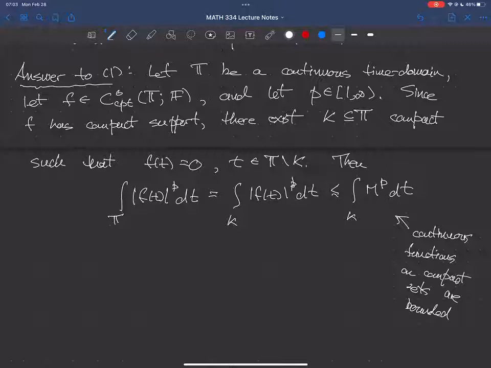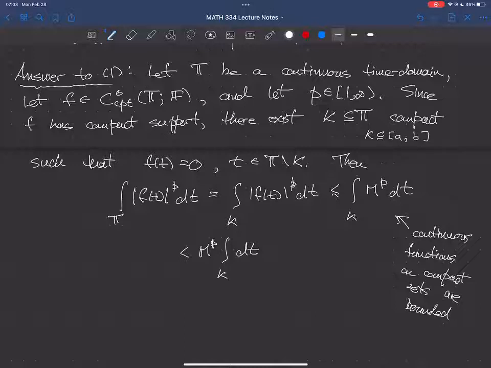All right, so this is less than or equal to therefore M to the p times the integral over K of the function 1 dt. Okay, and so K is a compact set contained in the time domain T. And so therefore, there's going to be some compact interval [a,b], so that K is contained in [a,b].